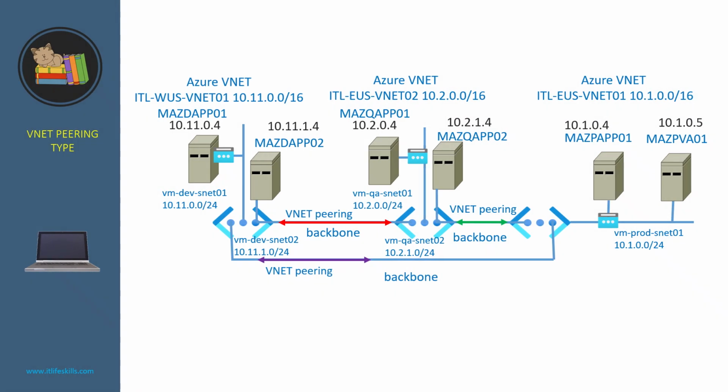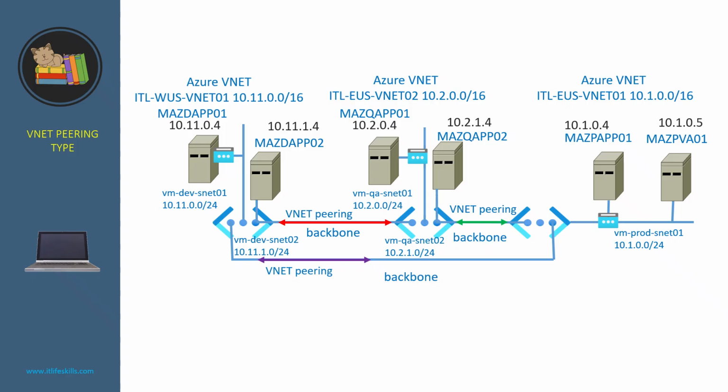Now let's pay attention to the location of each VNet. As you can see, the two VNets, ITL-EUS-VNet01 and ITL-EUS-VNet02 are in the same location, East US.